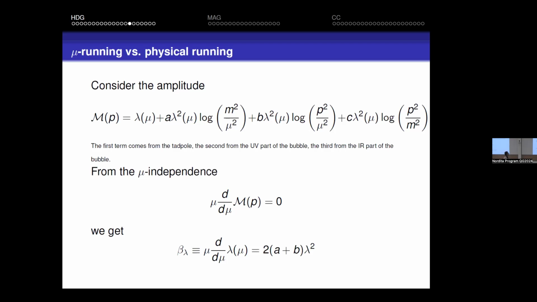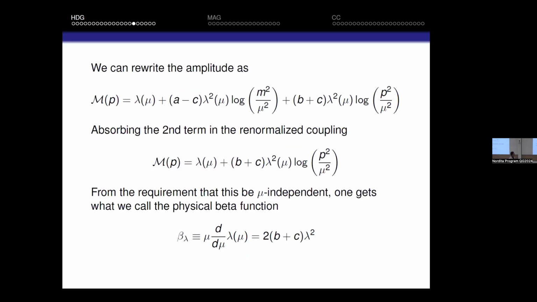So if you take mu d by d mu, you get this A plus B beta function, and you will reproduce exactly the old beta function of Avramidi-Barvinsky, the one that is known in the literature. And it's covariant, and it has all the nice properties, but it doesn't reflect the momentum dependence of the scattering amplitude in the theory.